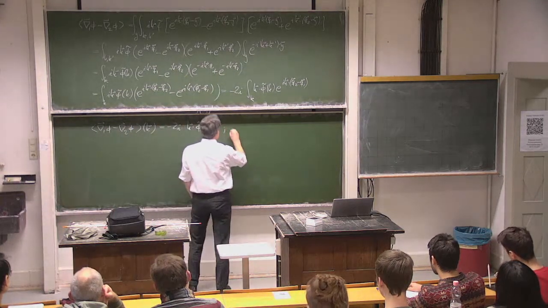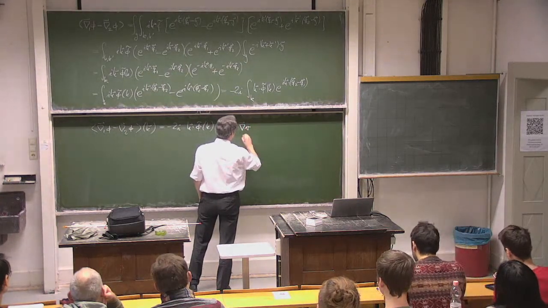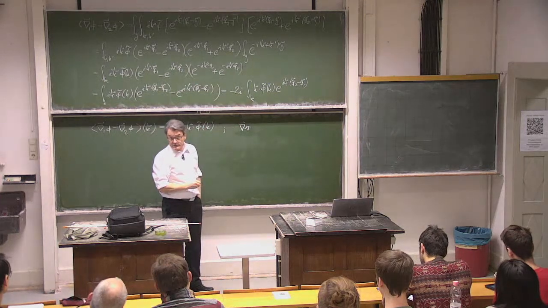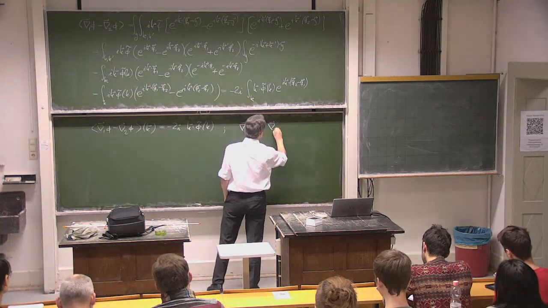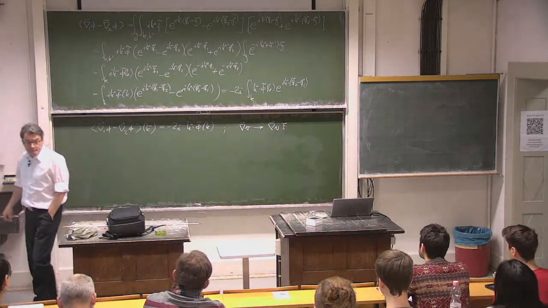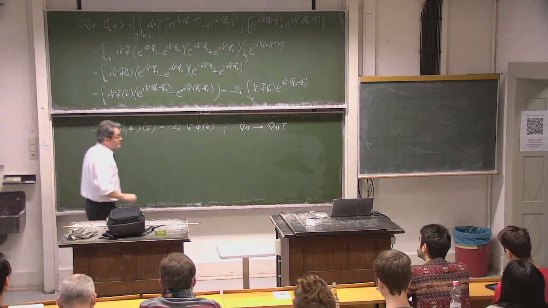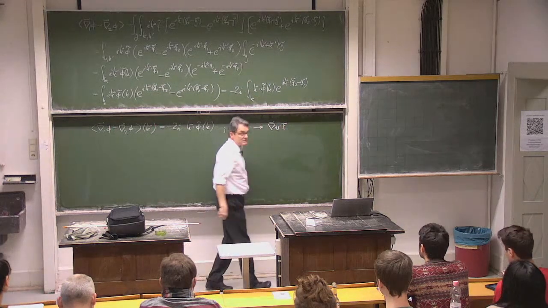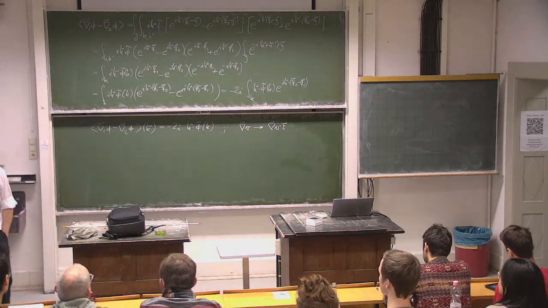And now I take into account that we wanted to replace the potential gradient by the potential gradient times the correlation function. Okay? Now this was a product in configuration space. This will be a convolution in Fourier space.